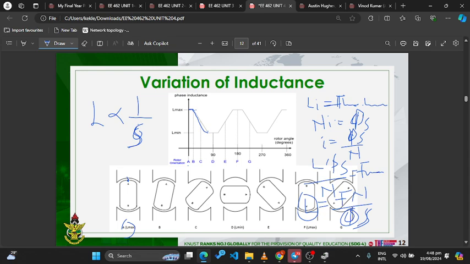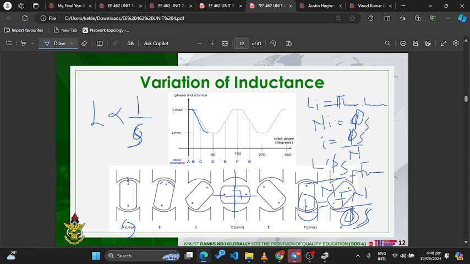Okay, so this point over here, this point B, is a point where you see it has started shifting. The rotor has started shifting. So it has started moving away from the point of maximum inductance, or a point of minimum reluctance. Okay, then at a point D, where this is actually 90 degrees, because the rotor axis is this way and the pole axis is this way.